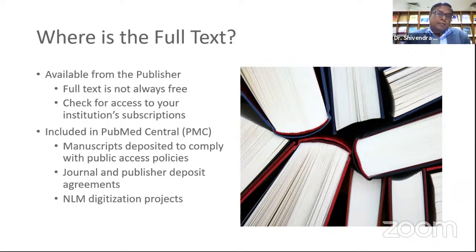Two-thirds means almost 65%. And if you look up just articles published in the last 10 years, it is closer to 90% of the citations that are linked with the full text.